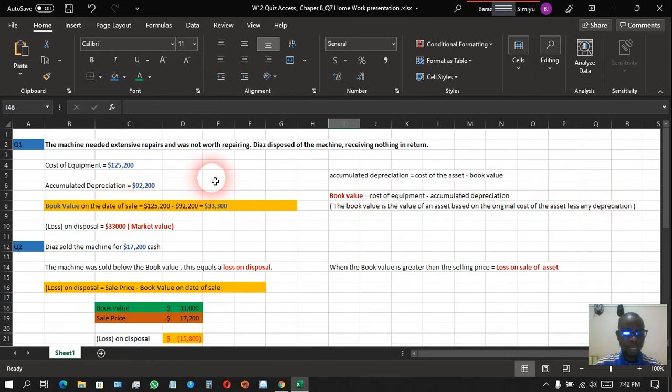The book value will help us in all of our calculations. Now we know that the cost of the equipment is 125,200 and the accumulated depreciation is 92,200. To calculate the book value, we take the cost of the equipment, we subtract the accumulated depreciation, and this gives us the book value.